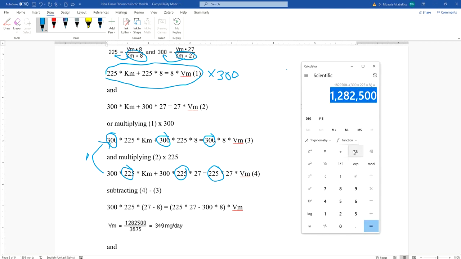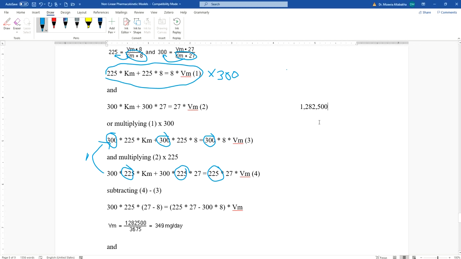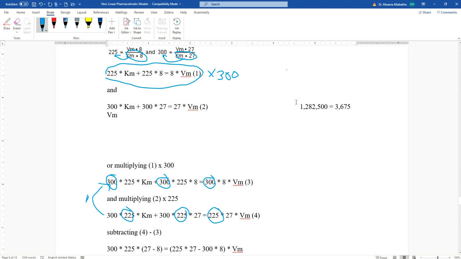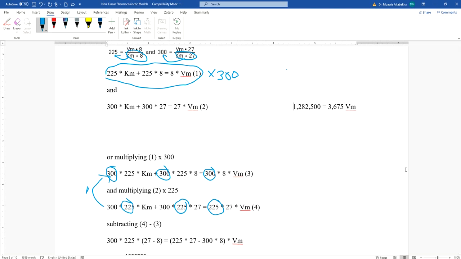So let me start with the first one: 225 multiplied by 27, minus 300 into 8. This equals 367. So I can say here this equals 367 times Vm. Okay, so this is my equation.